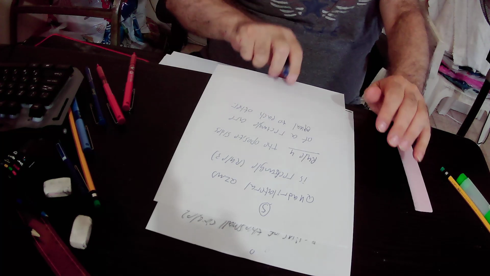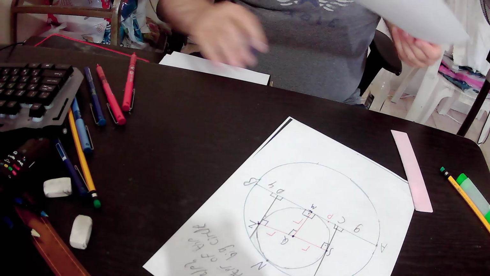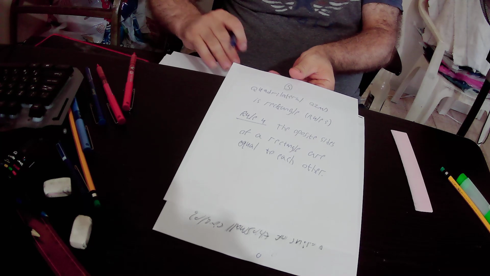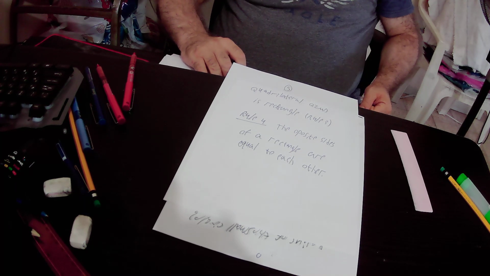I will read rule number 4 again. Rule number 4 states that the opposite sides of a rectangle are equal to each other.